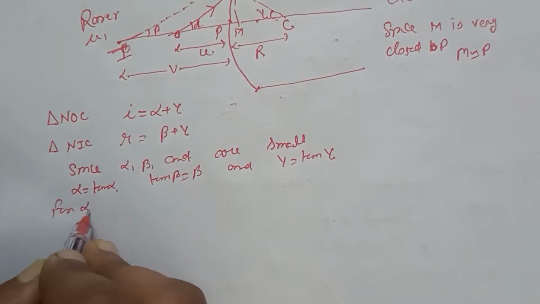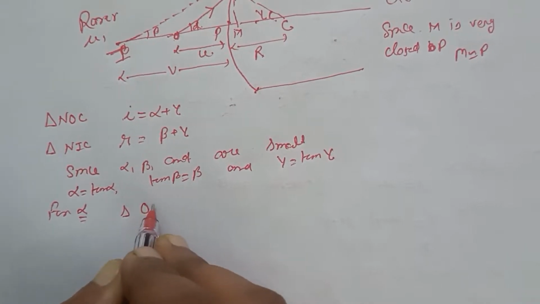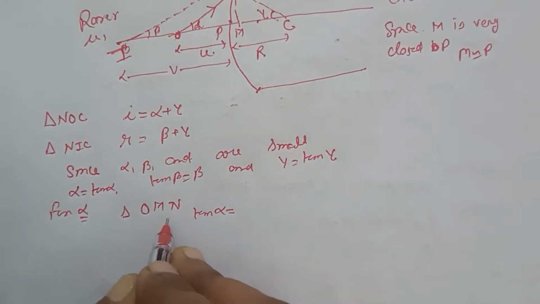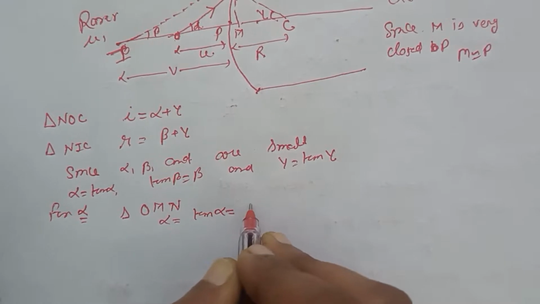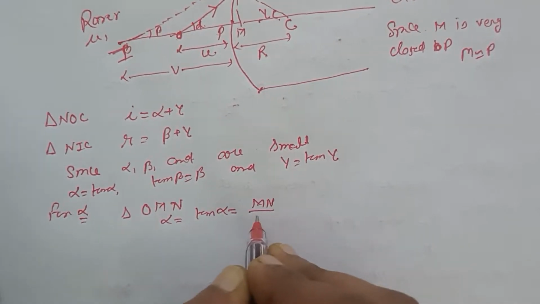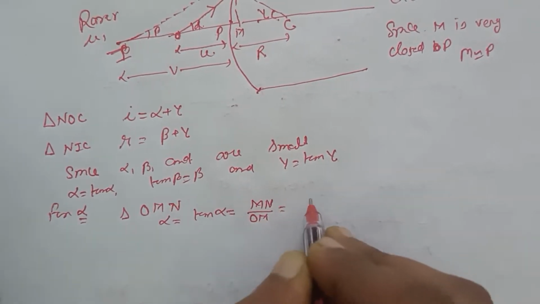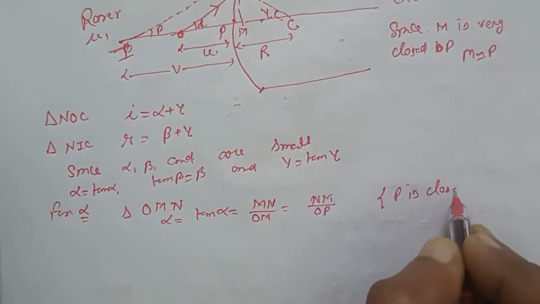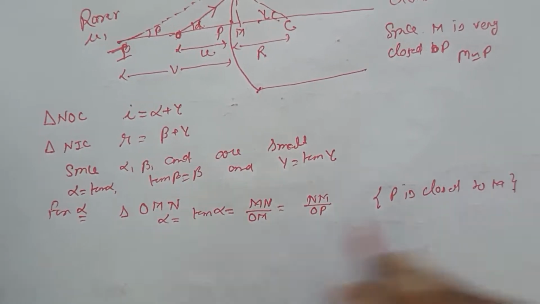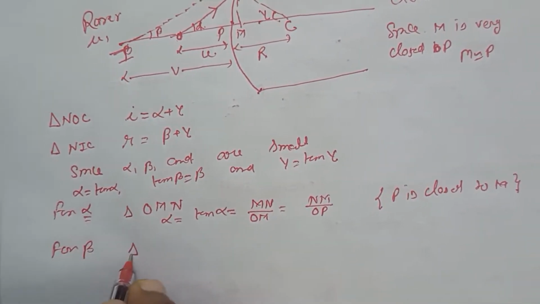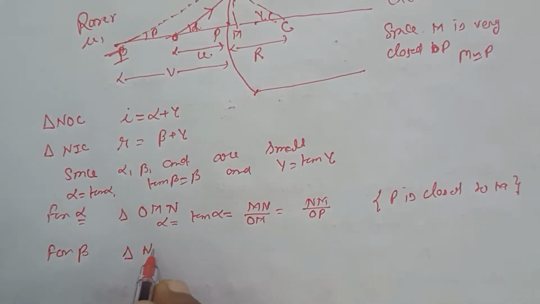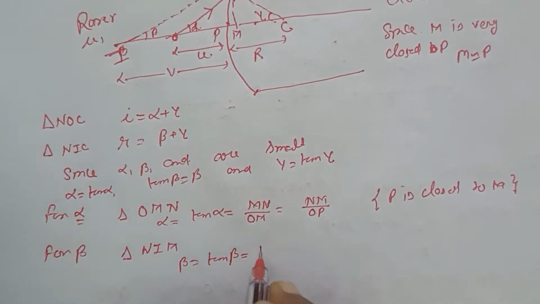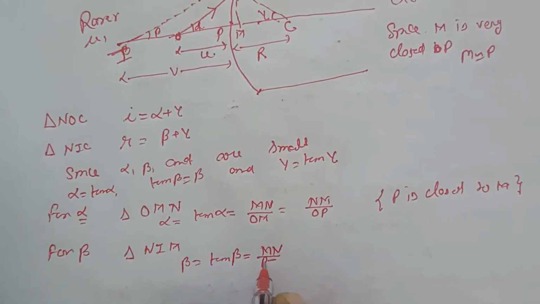For alpha, in triangle OMN, tan alpha equals alpha equals MN divided by OM, that means NM divided by OP, since P is close to M. For beta, with respect to triangle NIM, beta equals tan beta, that means MN divided by PI.